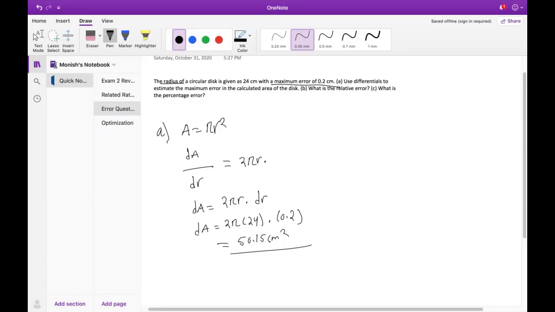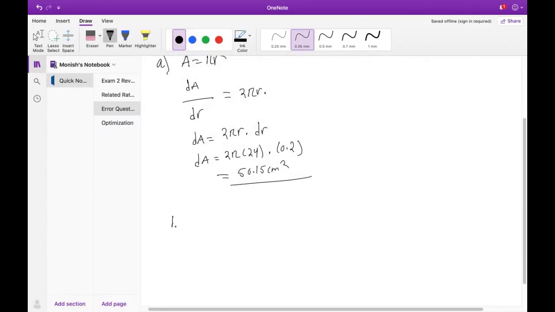And then for part B, it's asking us for the relative error, and the equation for that is basically just dA over A. So dA is, remember, 2 pi r dr here. A is pi r squared.